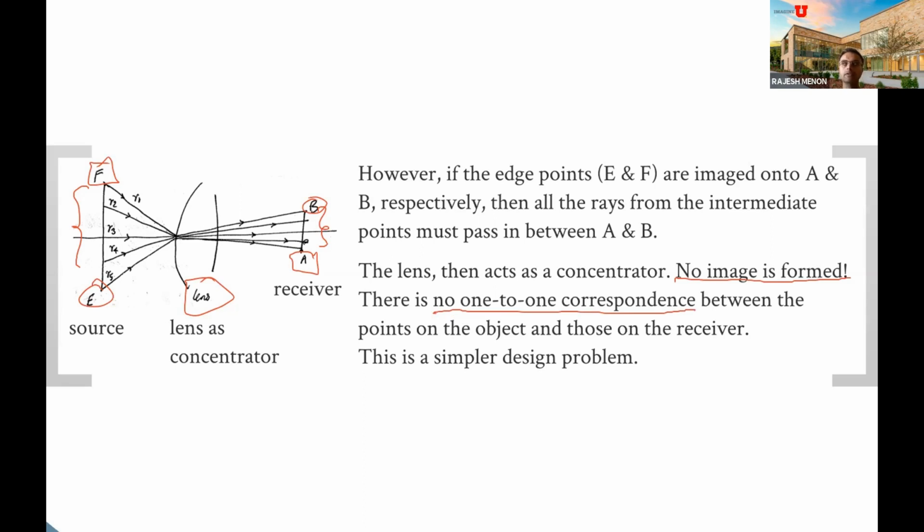And if you think about this, the field of non-imaging optics is a simpler design problem in one sense, in the sense that you don't need to have this one-to-one correspondence. The one-to-one correspondence is very difficult to attain because you really need to map each point to each point and minimize aberrations and so on. So that would imply that the non-imaging design problem is simpler, which is true.